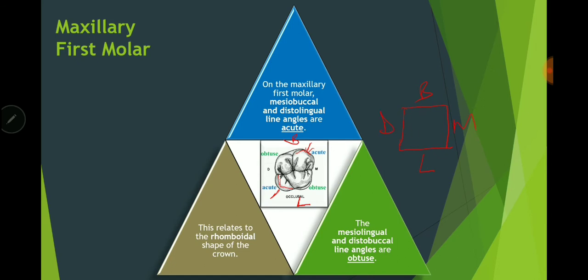So if you know that your mesiolingual angle is obtuse, which is this one, then the other opposite angle is also obtuse. So it's going to be this one. Okay. So which angles are obtuse? You have distal buccal, DB, and mesiolingual. Easy. You don't have to memorize everything. And then when they ask which one is acute, of course, the ones which are left here are acute. Okay. So that's the easiest way to remember it.